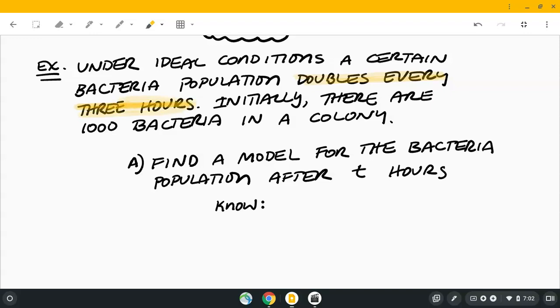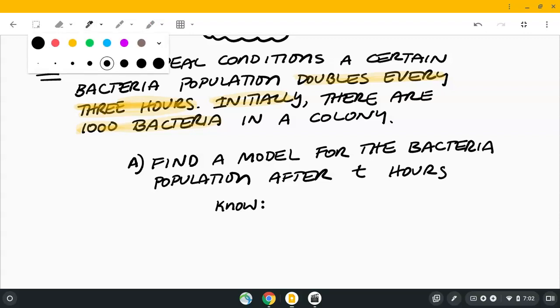So we're going to use that. And then we also have this 1,000 bacteria initially. So we're using all of those pieces of information.